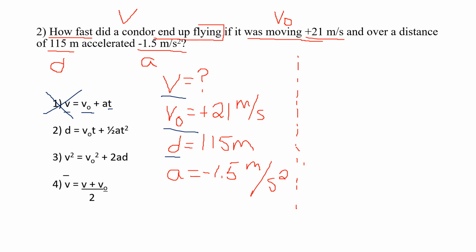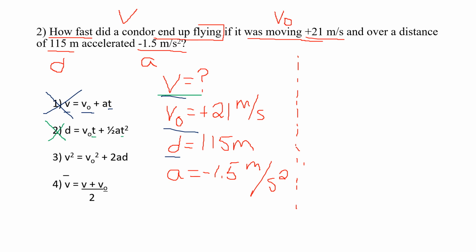All right, let's try again. Let's go to the next one. Could it be? All right, I have a velocity. There's no velocity in this equation. Can't solve for it if it's not in it. Doesn't match perfectly. Also, this equation has a t. I don't have a t, so I couldn't use that anyway. 2 reasons.